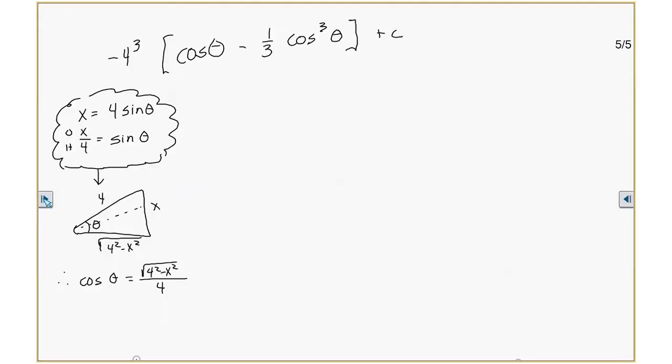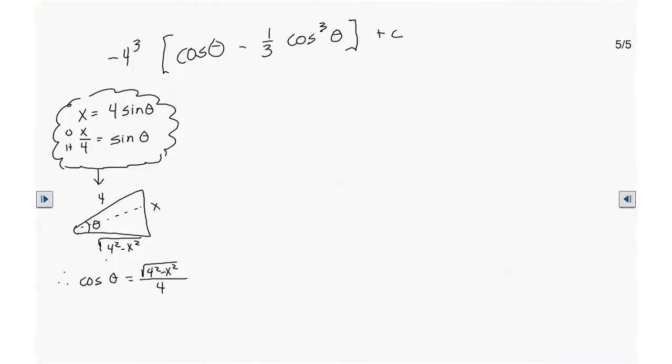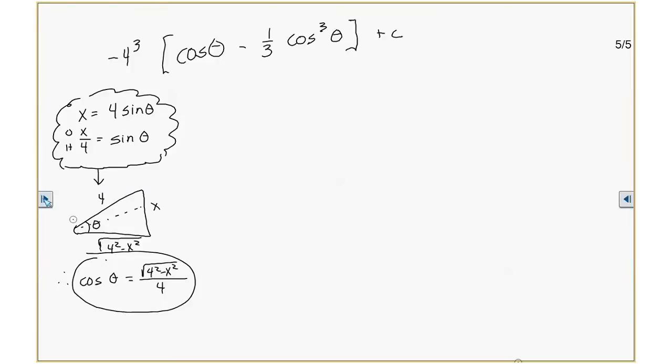And we do need it right there. So now what are we going to do with the sine and the cosine? What are we going to do with them? Plug them back in to get everything in terms of x.